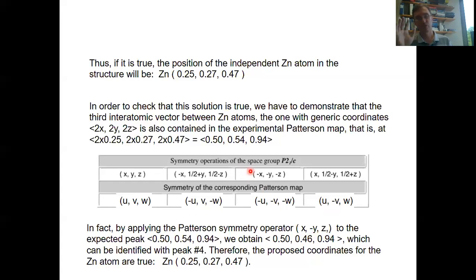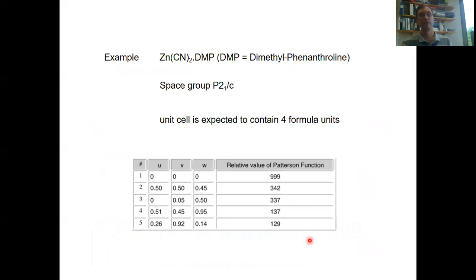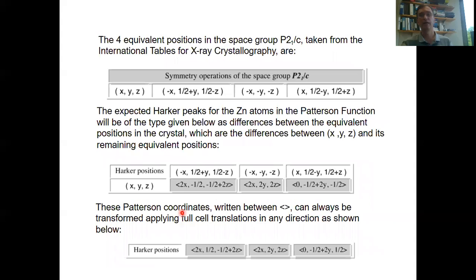Sorry, slightly wrong. So 0.54 becomes minus 0.54. When I add 1 to that, then it becomes 0.46. And now 0.46 adequately matches that 0.45. And we have actually identified or associated the last Harker position, which is in this case 2x, 2y, and 2z, also with a peak in the Patterson map.